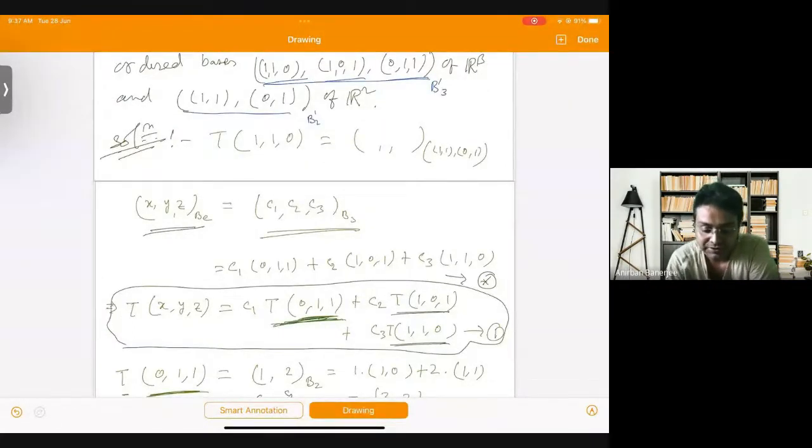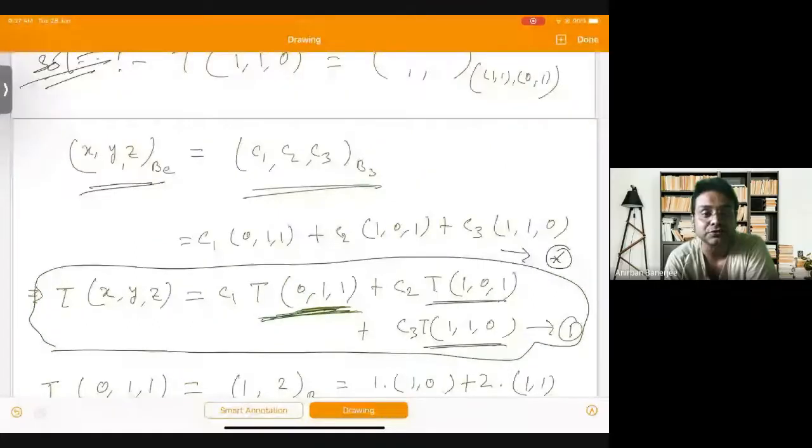Okay. So this c1, c2, c3: at the beginning we wrote that x, y, z is the coordinate of a vector with respect to the standard coordinate system, and c1, c2, c3 is the coordinate of the same vector with respect to the B3 basis.